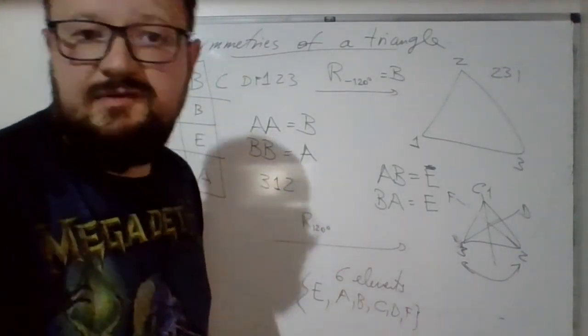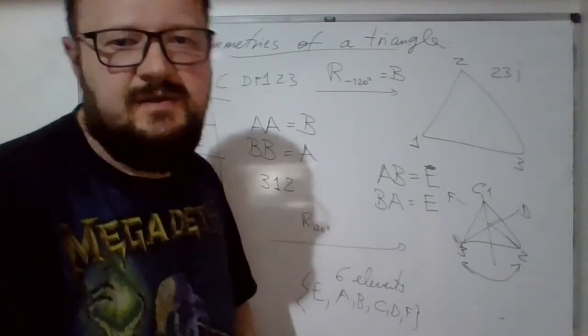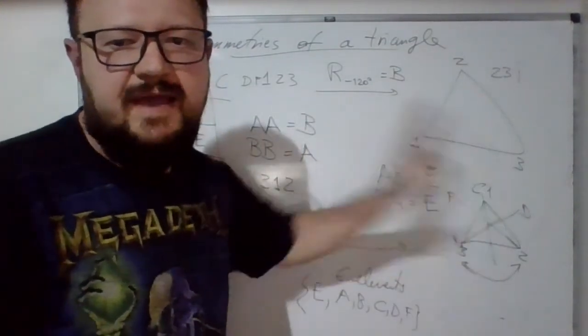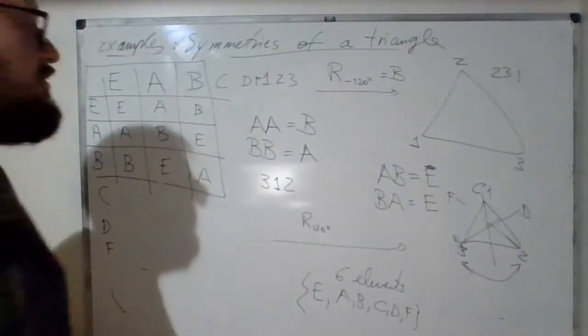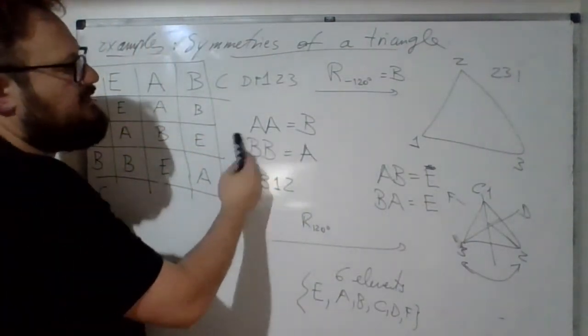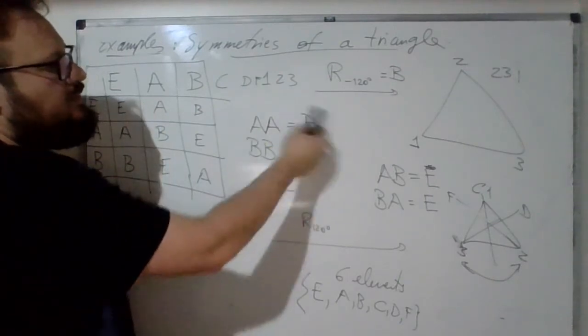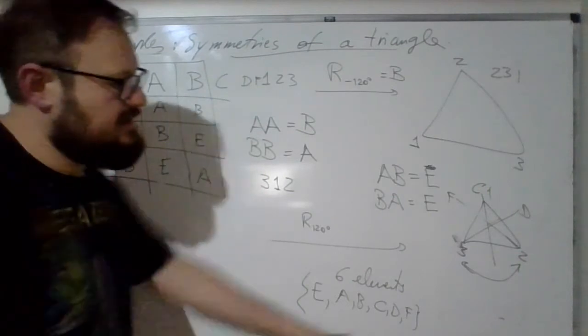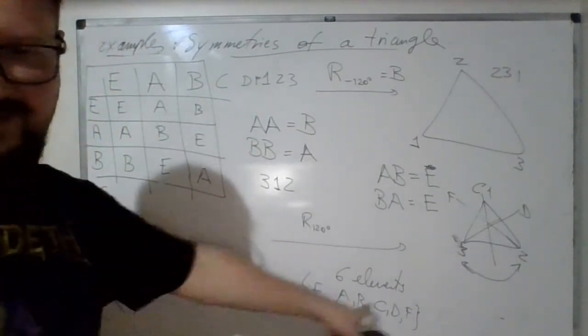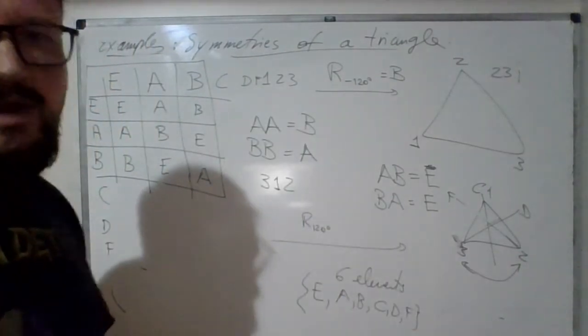It is a discrete group, all right, it's discrete. It has a finite set of elements. It satisfies all the properties of a group, because by multiplication of 2 elements, you get a third element, in this case B, which is contained inside the set of elements. There are only 6 elements in the group of the triangle.